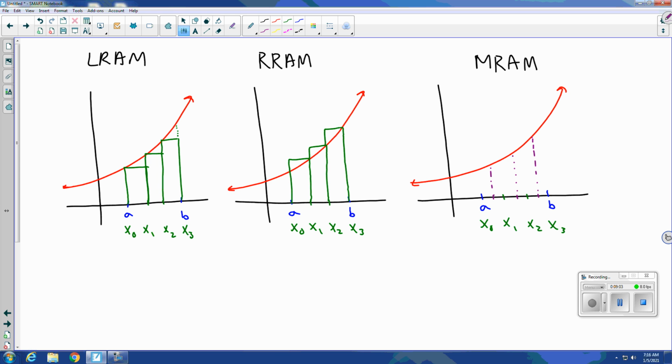And once we hit that, we go horizontally to create our rectangles. So it is the midpoint of the subinterval that provides us with the height of each rectangle.